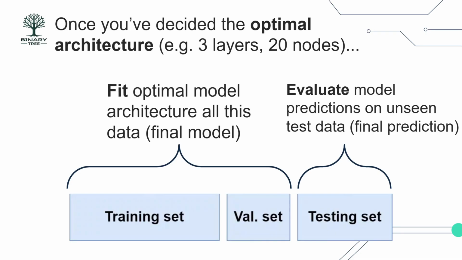This was a pretty similar process to what we did with our original regressions, but now with neural networks, we have to train and validate as we go along and then have a final testing set that we evaluate our model on.